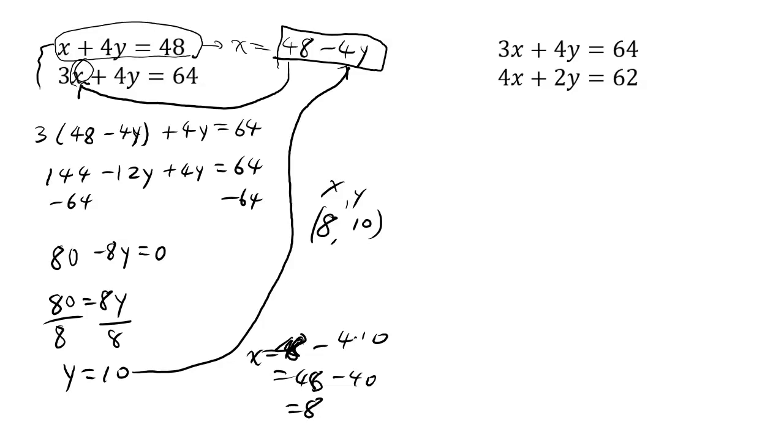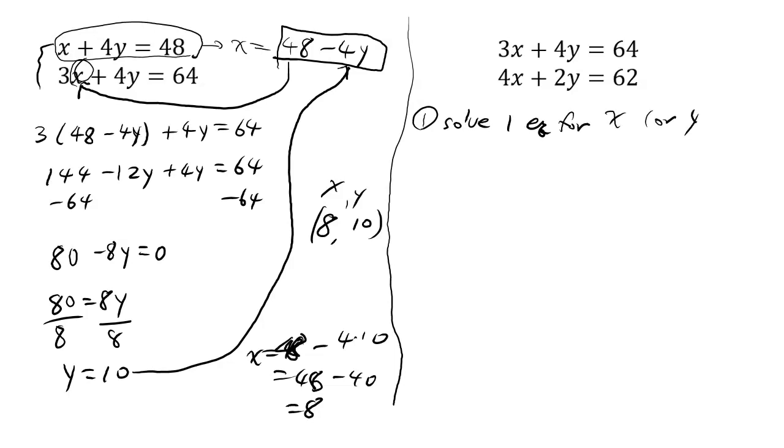That solves this system. To summarize, the way you solve is, first, solve one equation for x or y, whichever is easier, okay? And then second, substitute into the other equation. You don't want to substitute into the same equation because then you don't get anything.